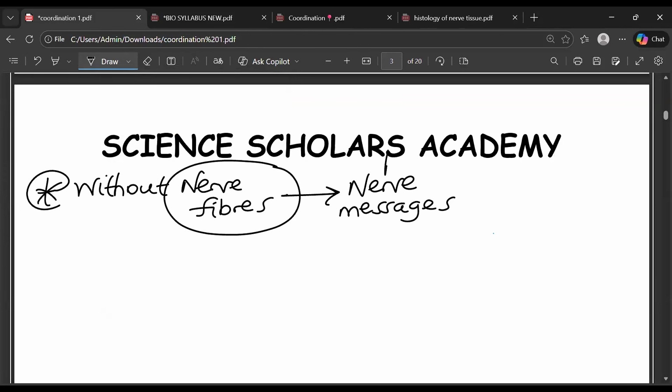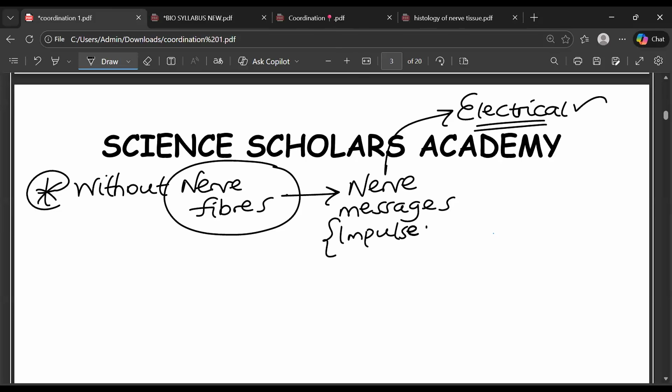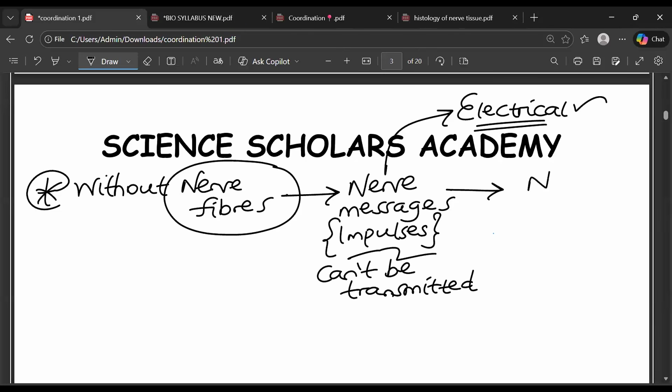The other thing I forgot to tell you is that these nerve messages are electrical. That's why they call them electrical impulses. I think you've heard of this before. So the nerve impulses or the nerve messages can't be transmitted, and because of that, we cannot have coordination.